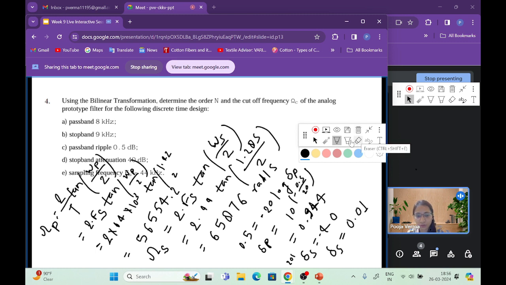Okay, so I need a space, so I am removing it from here.